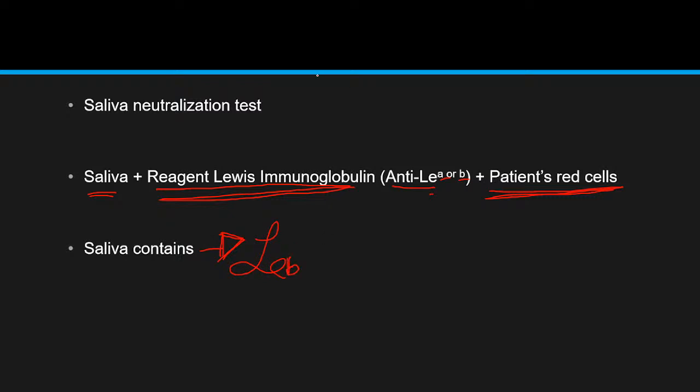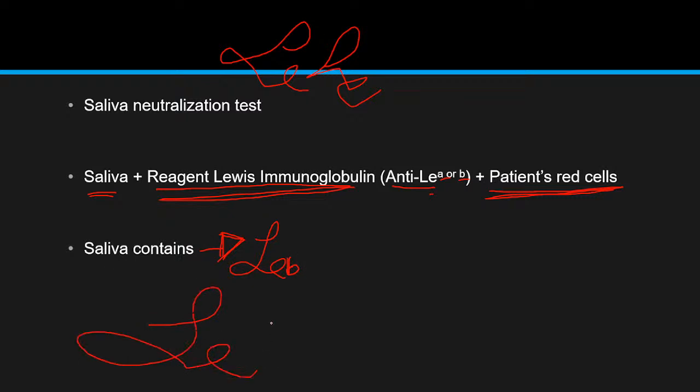Why? If the patient inherits Le(a+b-) phenotype, the saliva will still contain Leb. Why? Because Lea locks in at the RBC and will no longer move about, it will stick to the patient's red cell.